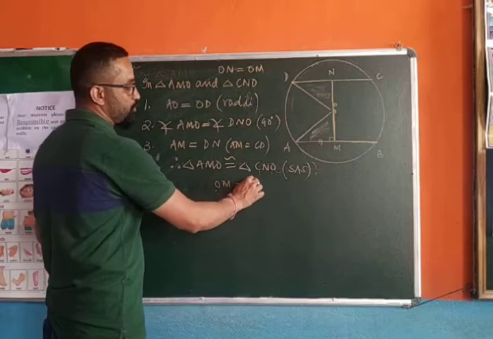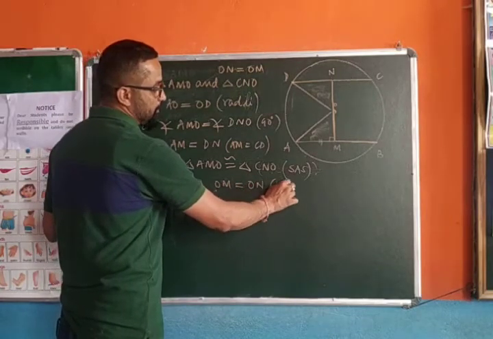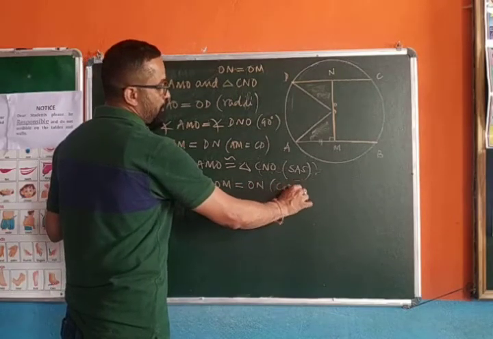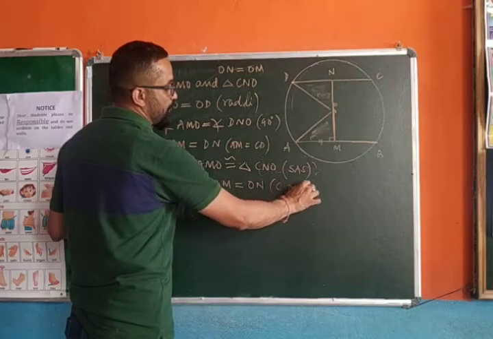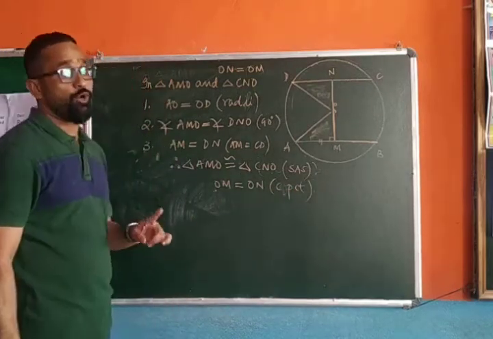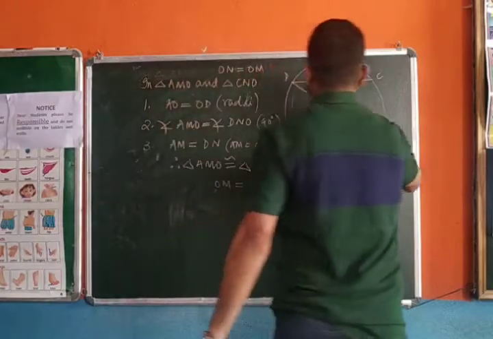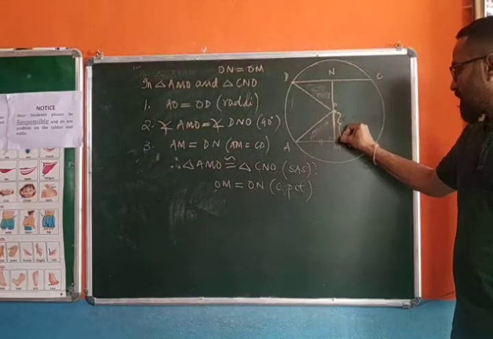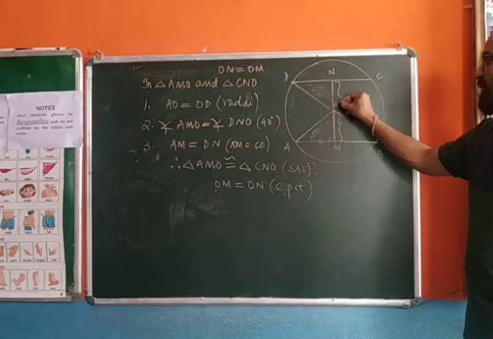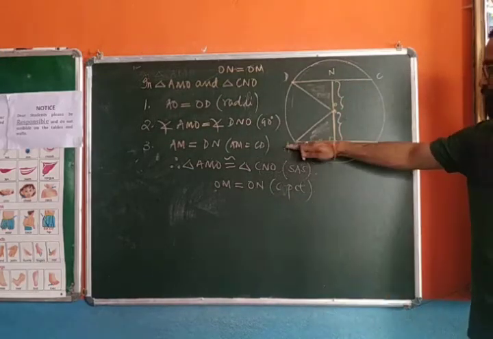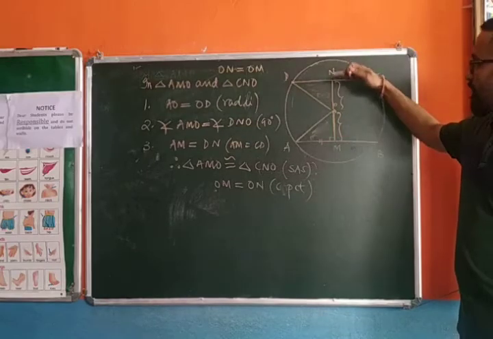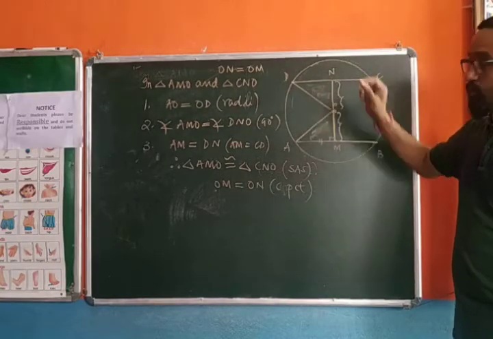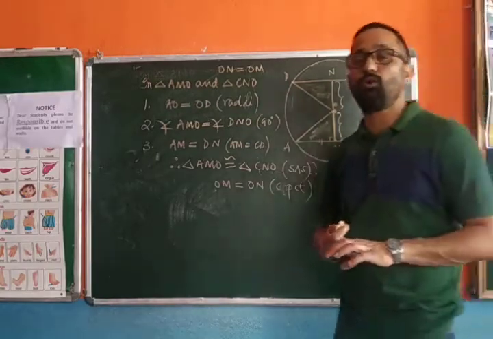OM is equal to ON, CPCT, corresponding parts of congruent triangles. Therefore, equal chords are equidistant from the center. If chords are equal in length, the distances from the center are always equal between the chords.